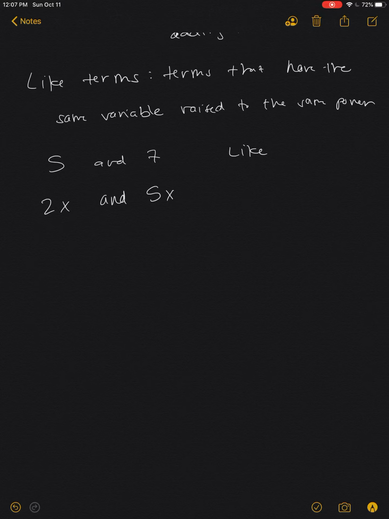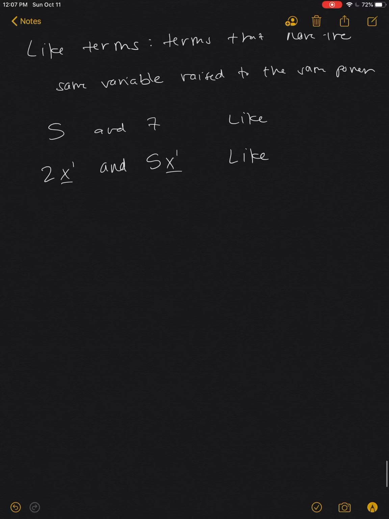Let's say we have 2x and 5x. Both of them have the variable x, and they are both to the first power. If you don't see a power, that just means it's 1, right? Because you have 1x, right? But they have the same variable, same power, so those are like terms.